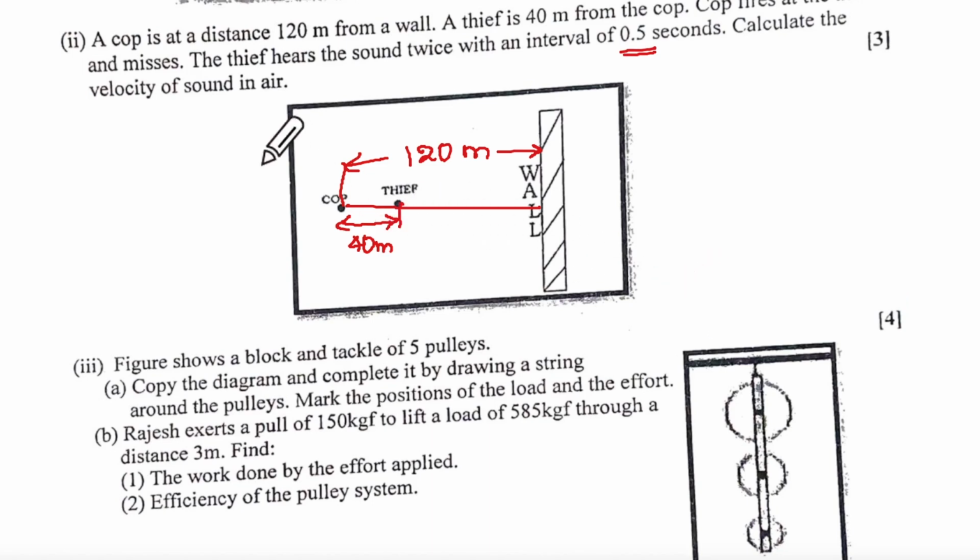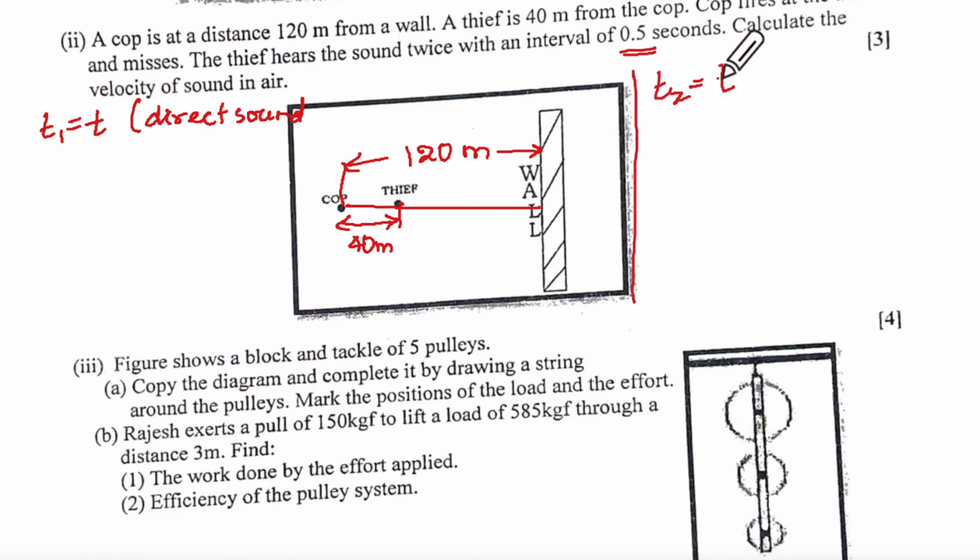So your T1, let us say, is T, due to the direct sound. And my T2 is going to be T plus 0.5 seconds, due to echo.